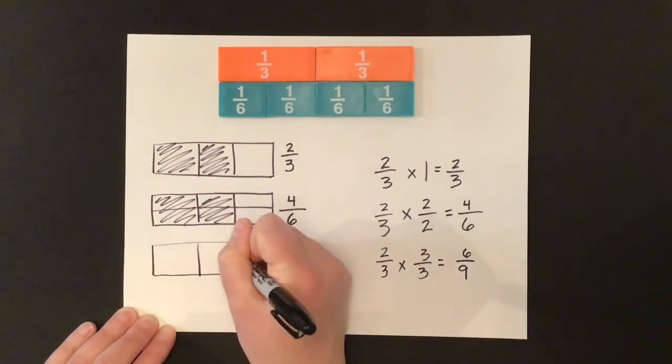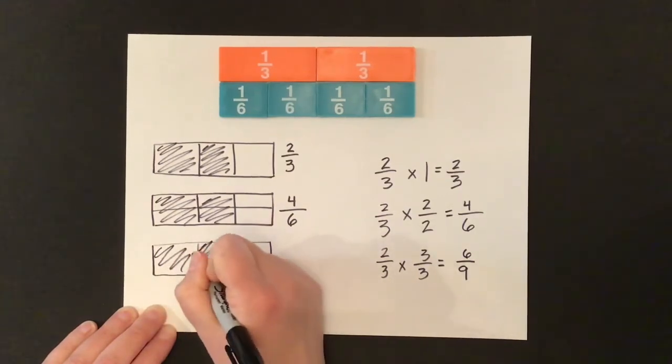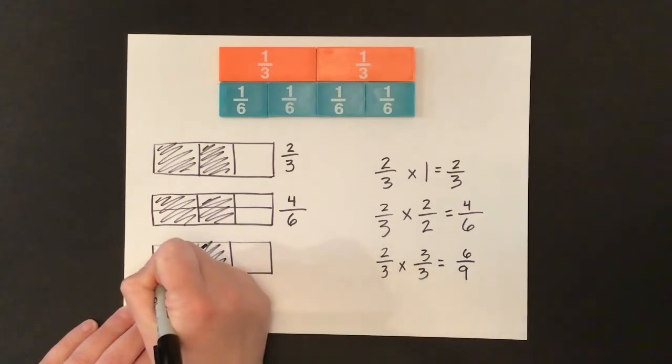So we'll start with the 2/3. And then this time I'm tripling the number of pieces. So I'm timesing by 3. So instead of drawing a line across the middle, I actually need to draw 2 lines so that I end up with the 9 pieces.